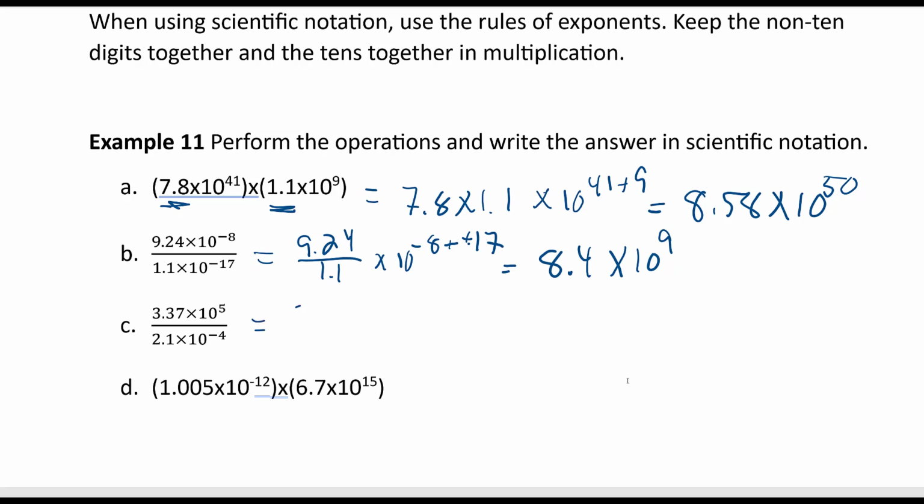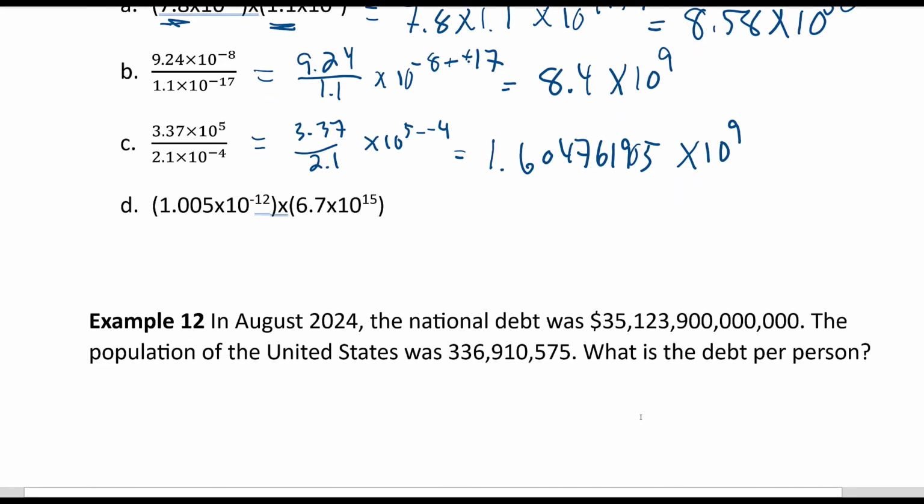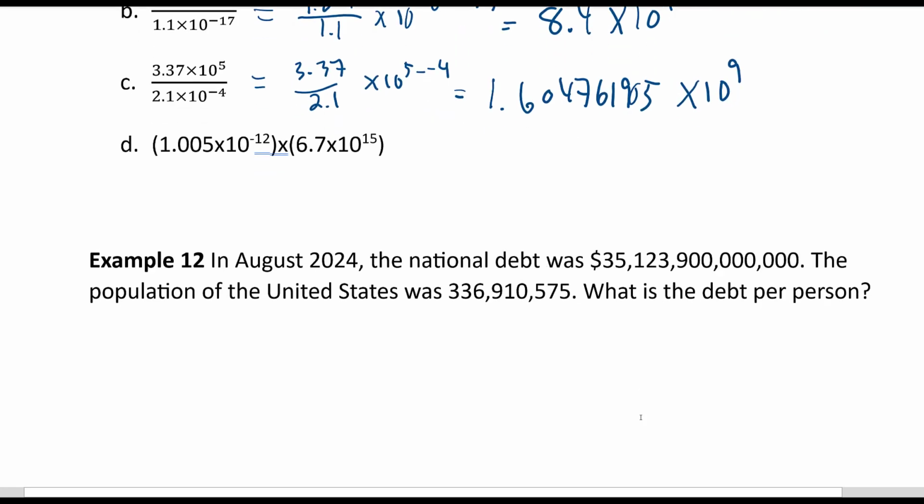And here we'll have our 3.37 over 2.1 times 10 to the 5 minus negative 4. So I get one, boy, this is a nice one. I say that sarcastically. 1.604761905 times 10 to the 9th power. Now someone is going to argue with me about significant figures, but I'm not worried about that because I'm a math person.